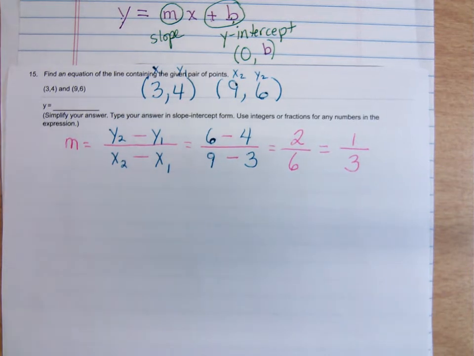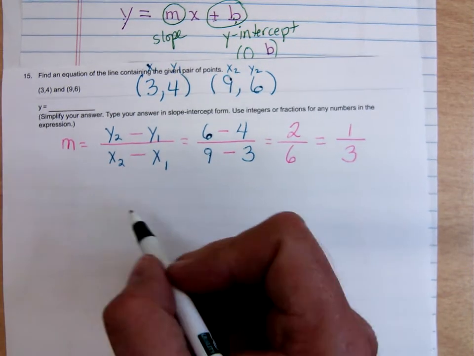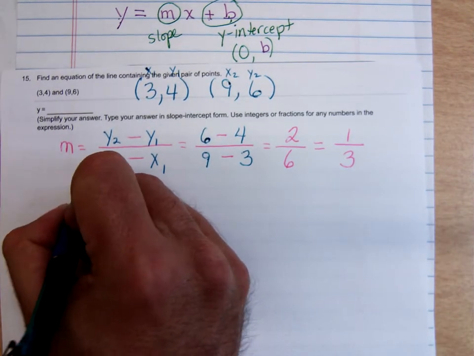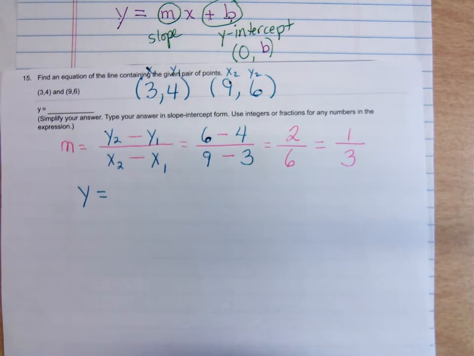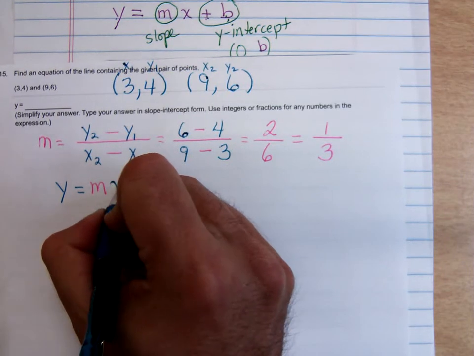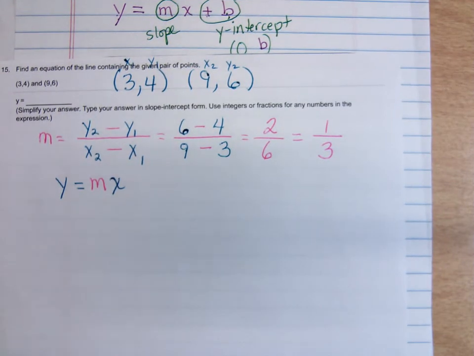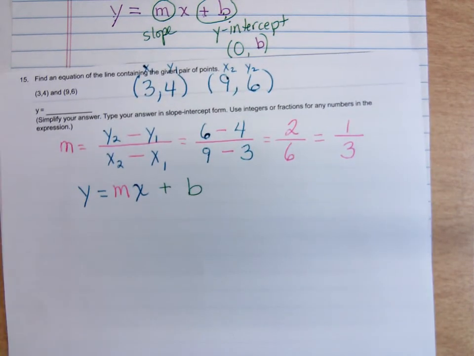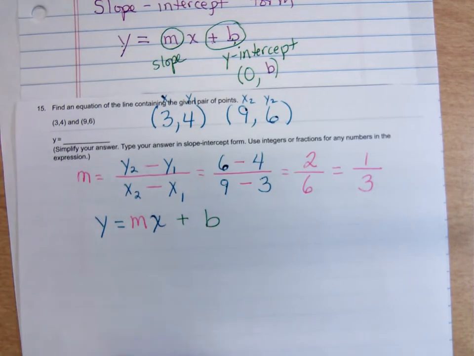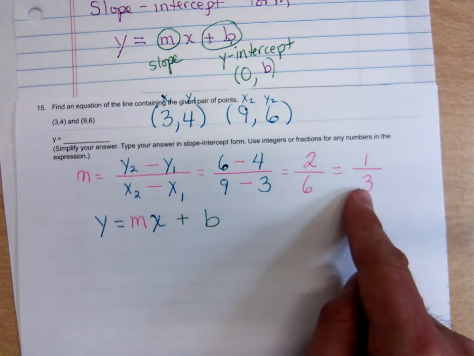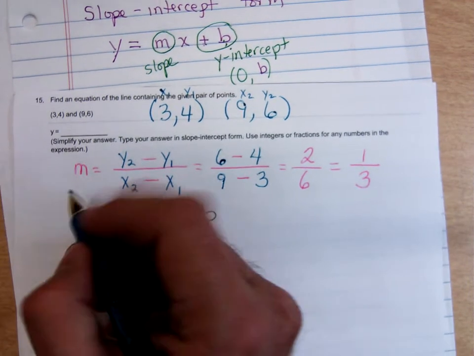It's y equals mx plus b. So replace the m with what? The 1/3. Okay, so replacing the m with the 1/3.